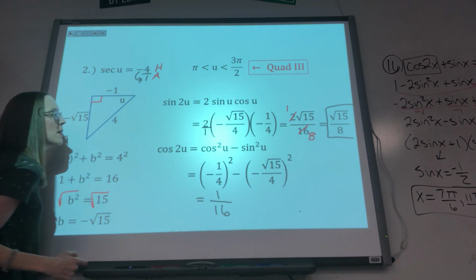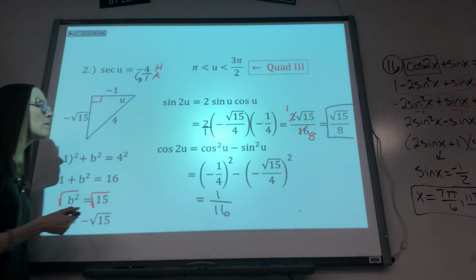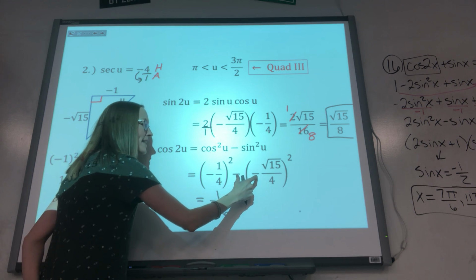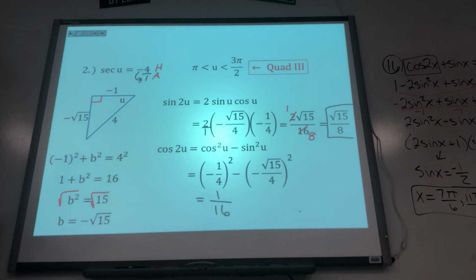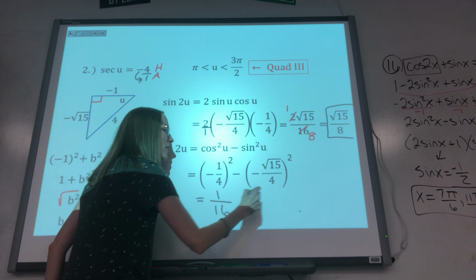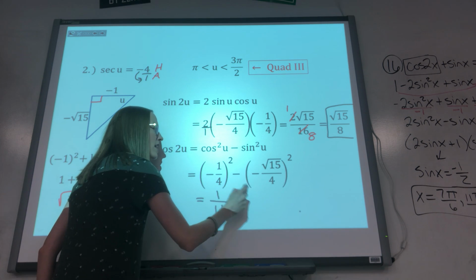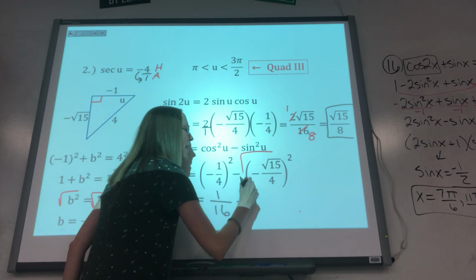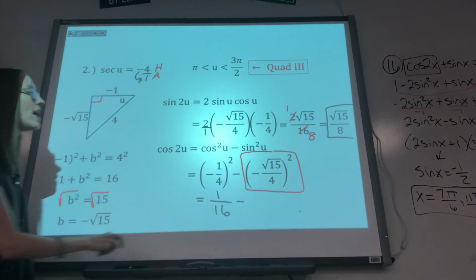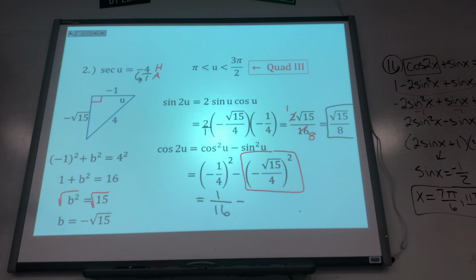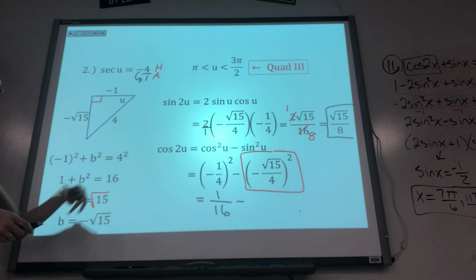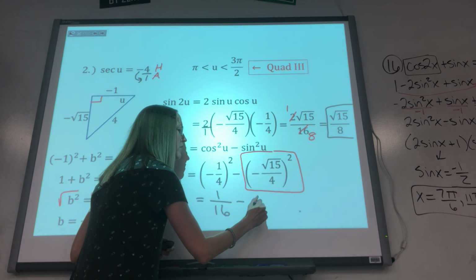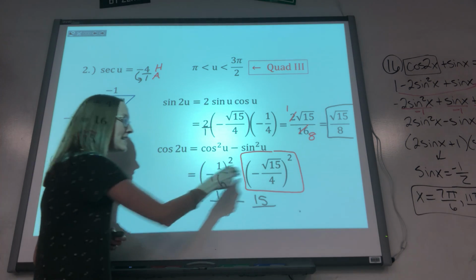So I do get back a positive 1/16 from the first part. Do not make those minus signs a plus sign because exponents come before addition or subtraction. So I really need to bring that minus sign down, then square the negative square root of 15 over 4. So square the square root of 15 and you just get 15.